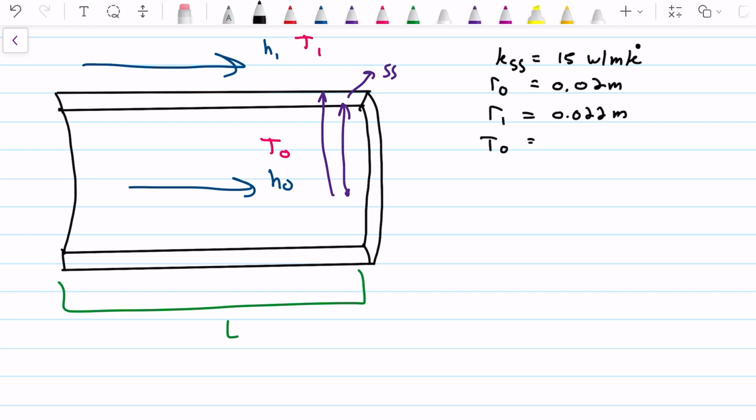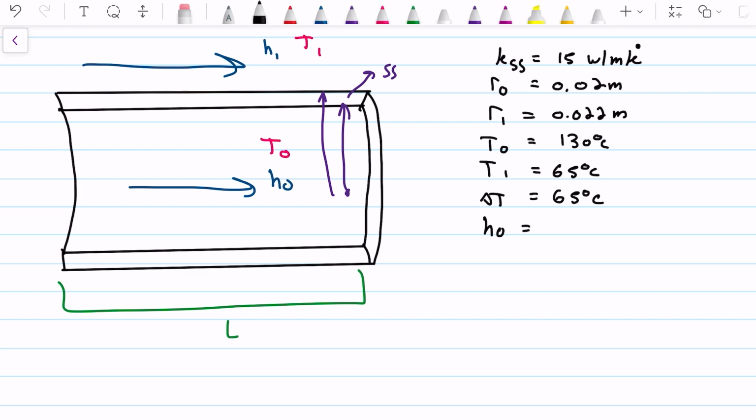Inside temperature is 130 degrees Celsius. T1 is going to be 65 degrees Celsius. Right away, we know we're going to need it later, so I'm just going to define our temperature drop. 65 degrees Celsius.